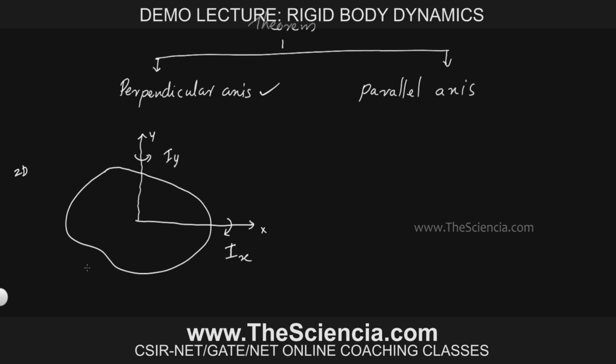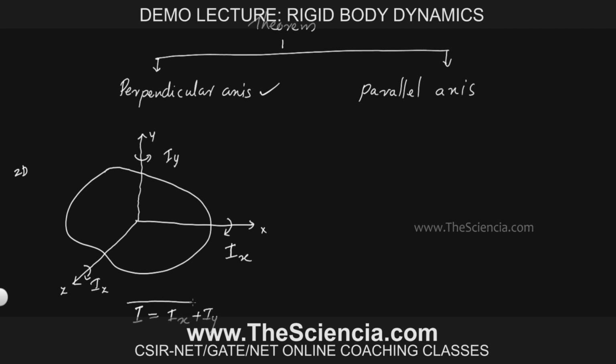Then my question is, if you know Ix and Iy, can you find out Iz? Yes, that is what the perpendicular axis theorem tells us. We can express this theorem mathematically as Iz, or more generally I, equal to Ix plus Iy.